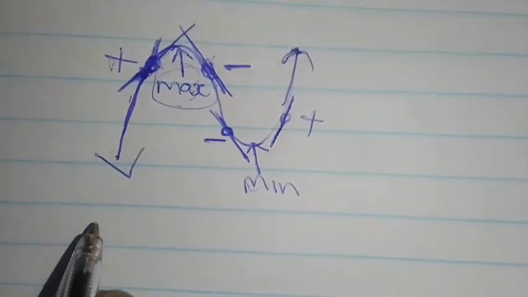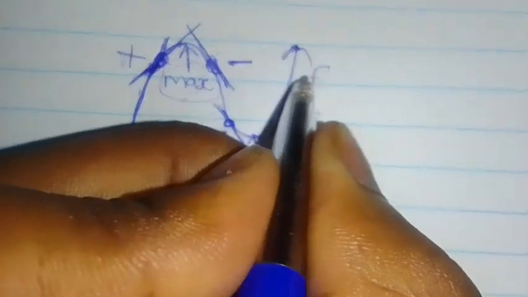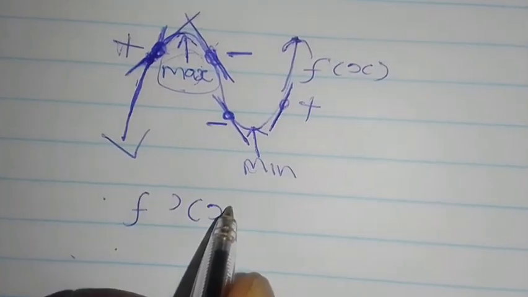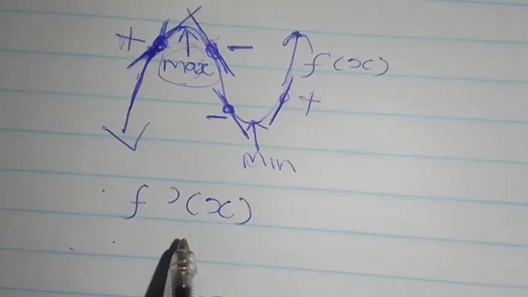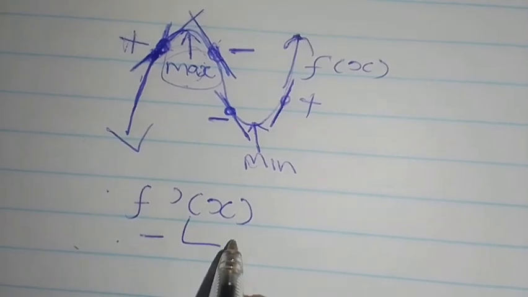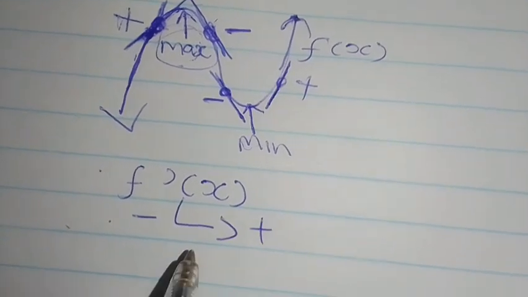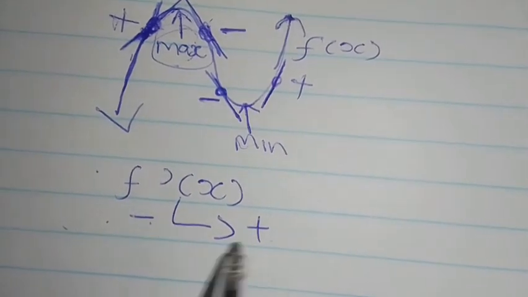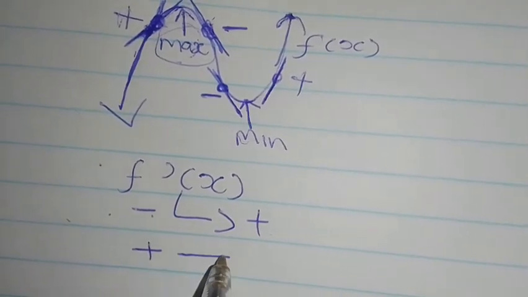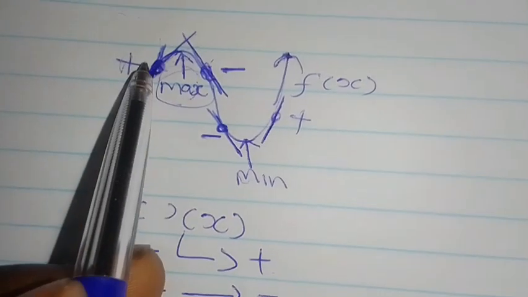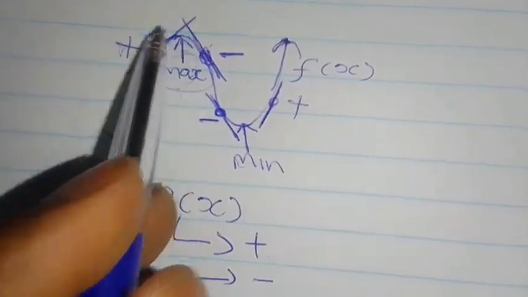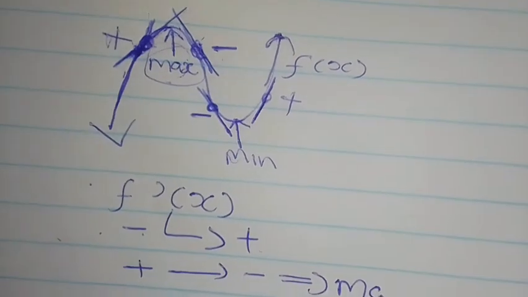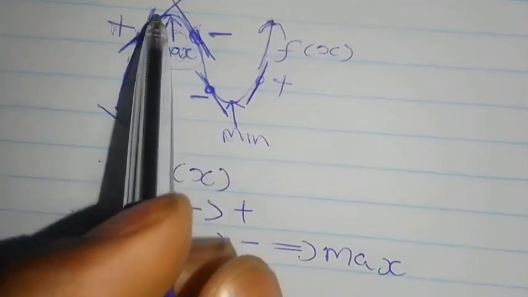If this function is defined by f of x, then we check f prime of x, whether it goes from negative to positive, or from positive to negative. Here it goes from positive to negative. You realize that here you have a local maximum turning point.